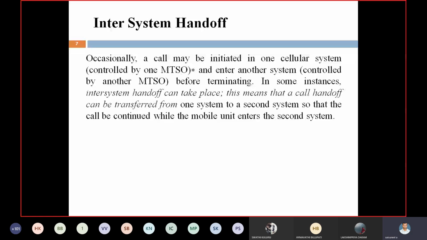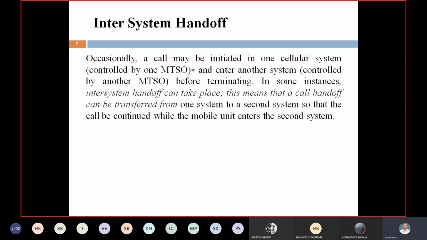At that time, the handoff is initiated. That handoff is called inter-system handoff. The call is transferred from one system to a second system, and the call should continue while the mobile enters the second system.